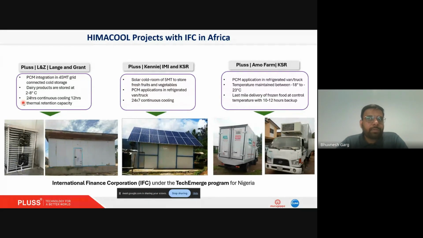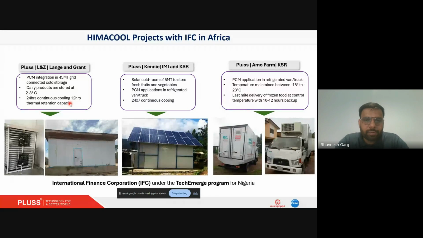The grid was able to maintain your cold storage temperature while simultaneously storing the cold in your PCM. During the remaining 12 hours, only your PCM is giving the energy to your cold room, because you have switched off your compressor system which runs on electricity.